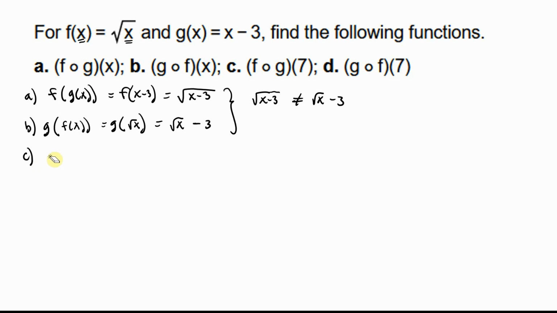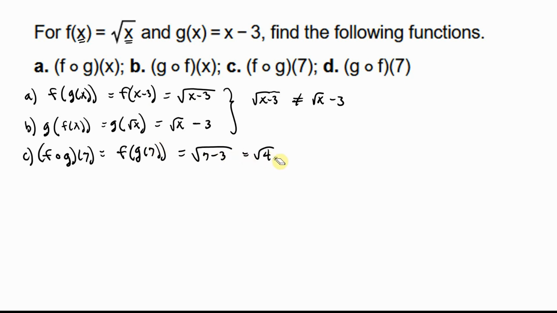Part C, f composed with g evaluated at 7. So this is f of g of 7. I find f of g of x, and what this simply says is I replace that x with the 7. So this is the square root of 7 minus 3.